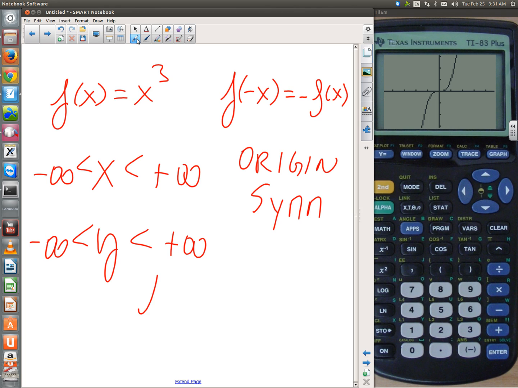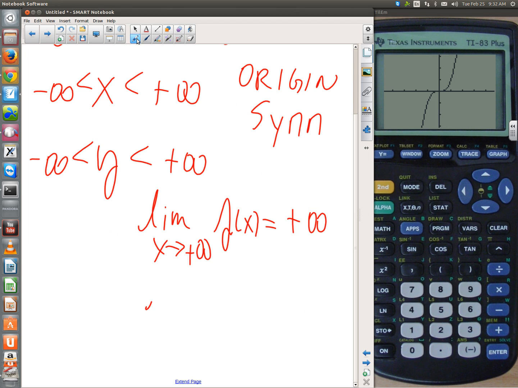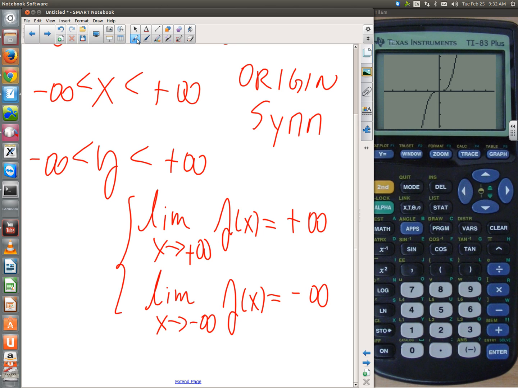So now let's say, what's the limit as x approaches positive infinity for this f of x? As x goes to positive infinity, y is going to positive infinity. And what's the limit as x approaches negative infinity for this function? As x approaches negative infinity, y is going to negative infinity. All right, so just starting to talk about limits. That's all we're doing.